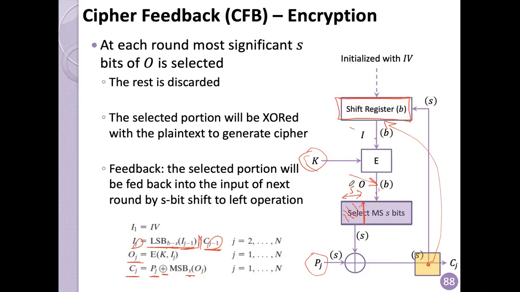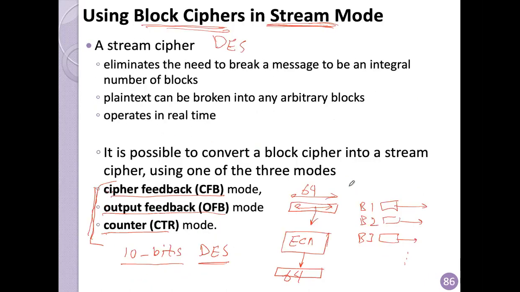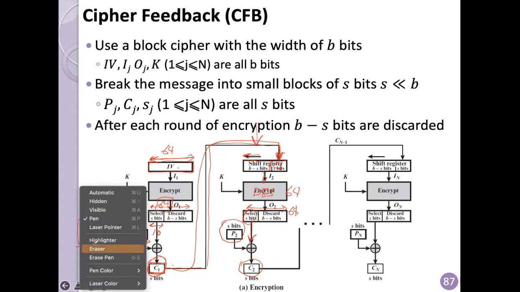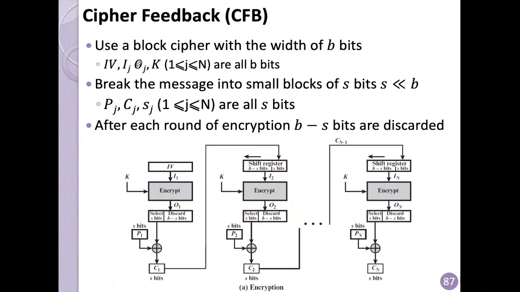Okay, let me go back here. I'm also going to give you a numerical example to make it clear. Of course, I'm not giving an example for all of them, but let me at least give an example for one of them so that you can understand it easier.